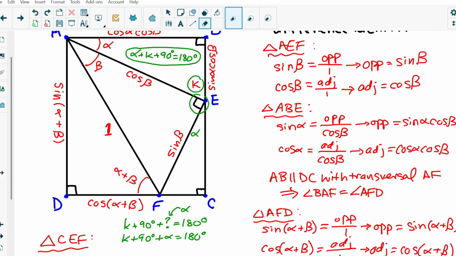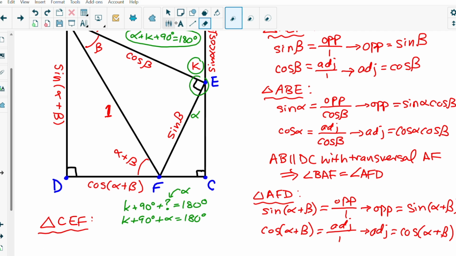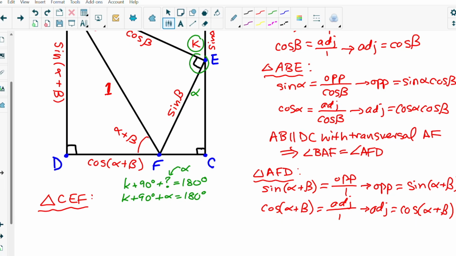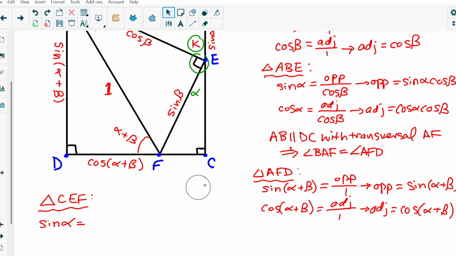Now that we got that established, let's go back and calculate the sine and the cosine ratio for each of these values. So first, triangle CEF, sine of alpha equals, well, I'm looking for this opposite side. Let me just erase this, folks, right here, to make some room.